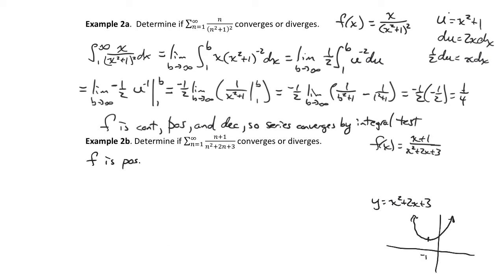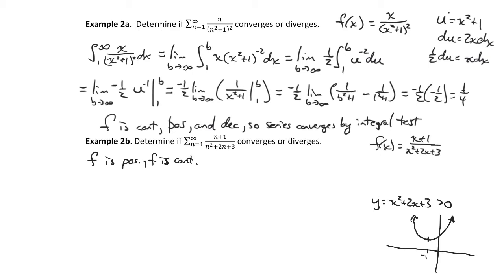This is at -1. I see from this that it's always positive. It's never 0. That's the important part. I guess we could have done that analysis before. It couldn't be 0 because everything inside is positive. So f is positive and continuous.